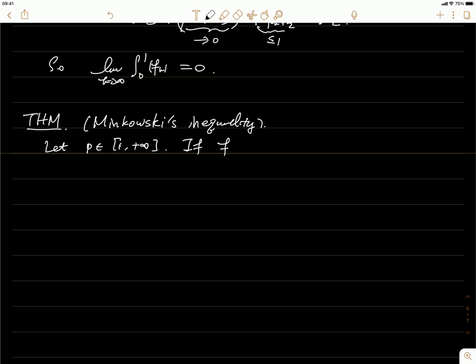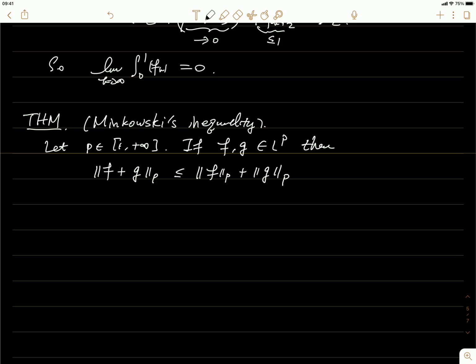If f, g are in LP, then we can show that the p norm of f plus g is less than or equal to the p norm of f plus the p norm of g.